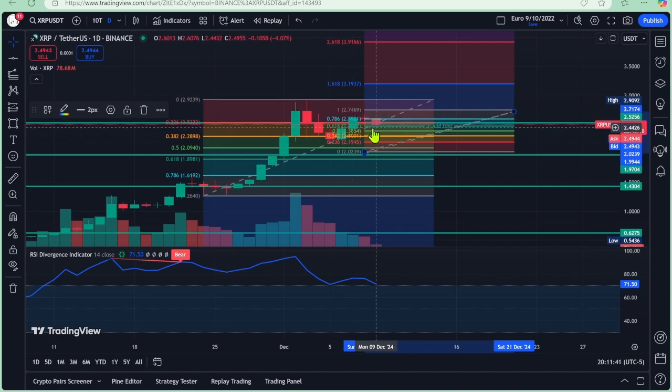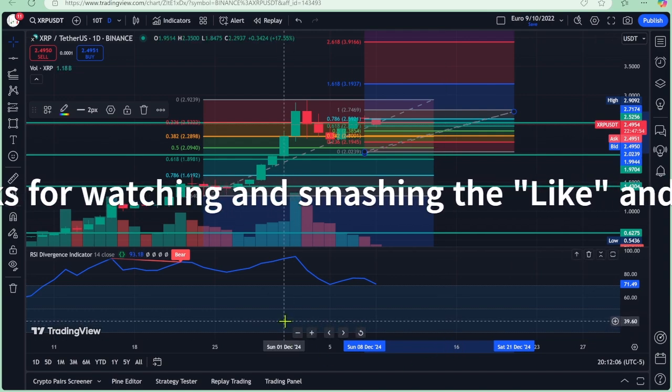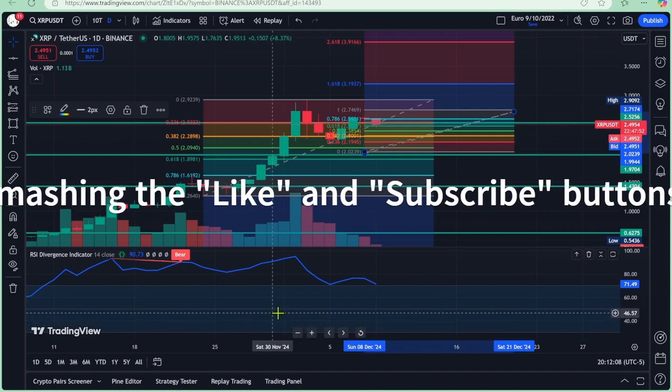If price can be contained in this area and find traction and get above this area right here, $2.62, it very well could target our $3 range and maybe beyond, depending on what all is going to follow that. So that's our projection. That's what we're looking for now.